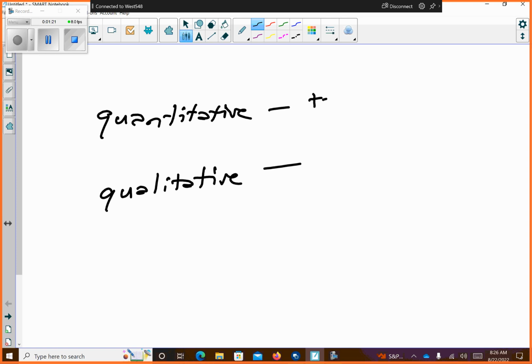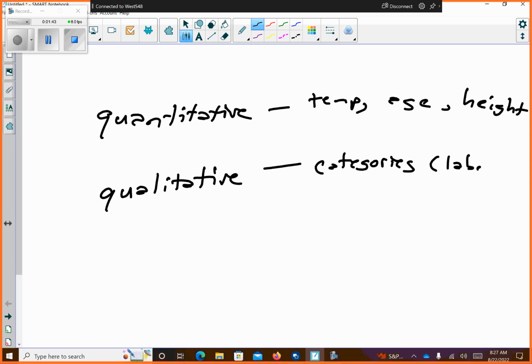So this is like temperature or age or height. Qualitative is something that they are categories that this falls into. Okay? So you have some sort of label that comes along with these.